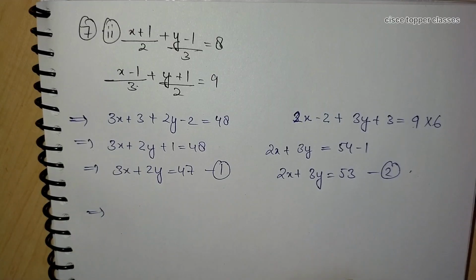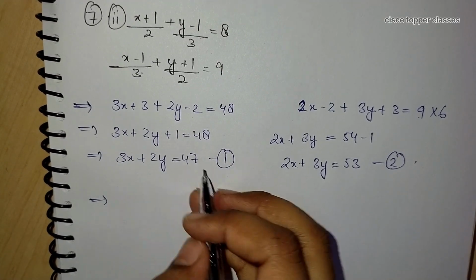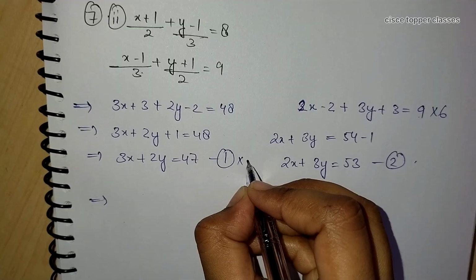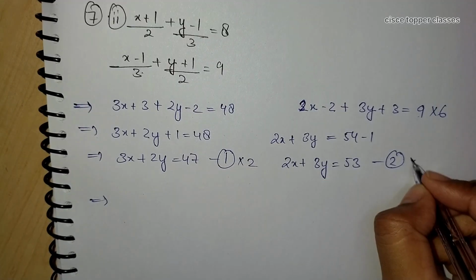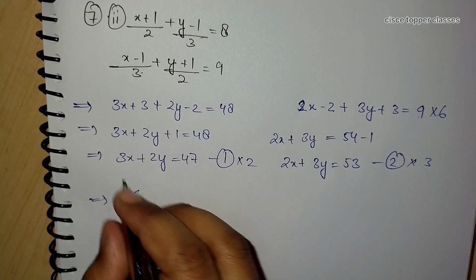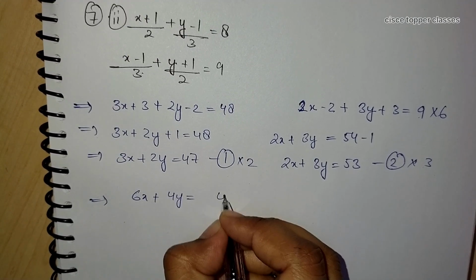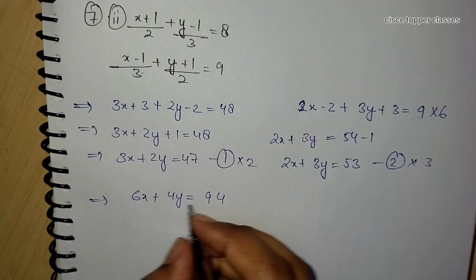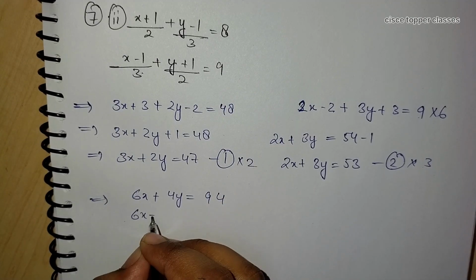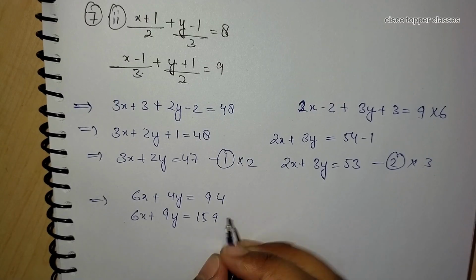Now we can find from here the value of x and y. Firstly we will multiply the first with 2 and the second with 3. We will get 6x, then we will subtract those equations to cancel out 6x. So 6x plus 4y equal to 94 from here, and here 6x plus 9y equal to 159.